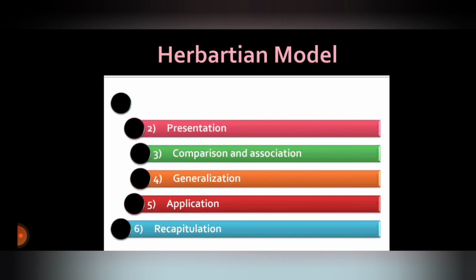So first is introduction or preparation, done by the teacher by asking a few interesting questions, showing pictures, and asking questions from the content matter previously taught, and presenting the content in the classroom, which can make the concept clear to the students.